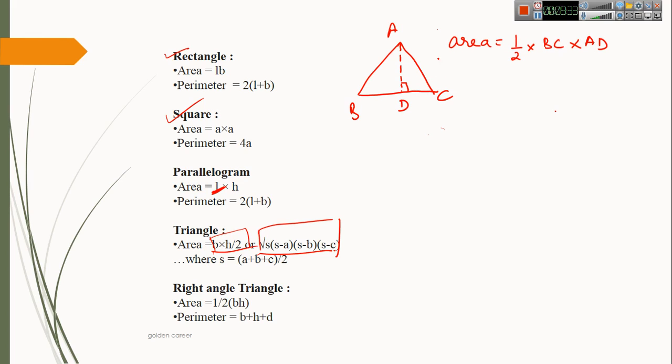Here we will also keep in mind that the base on which the perpendicular is dropped is the base which should be used here. So we have a set of base and height.